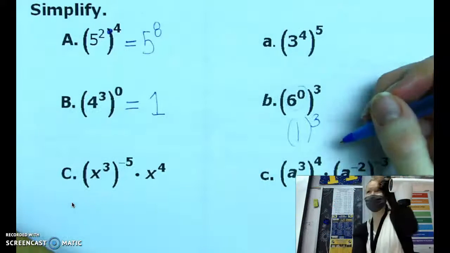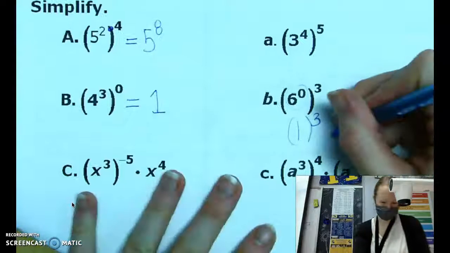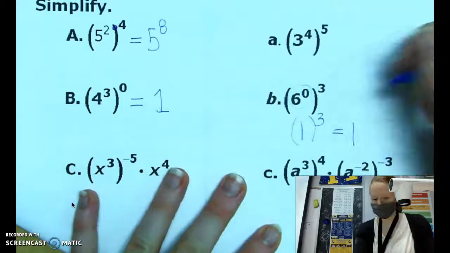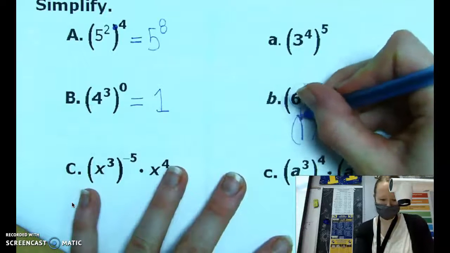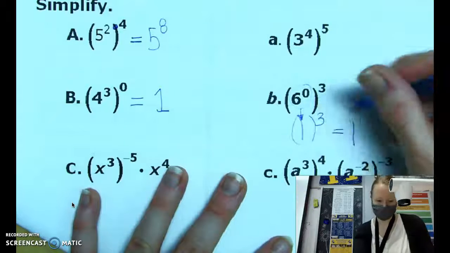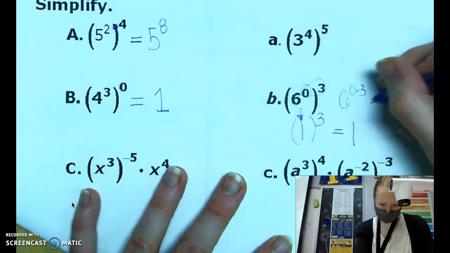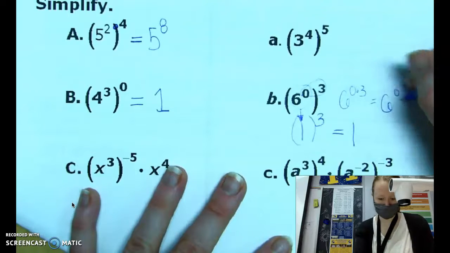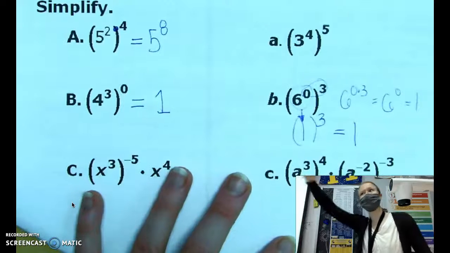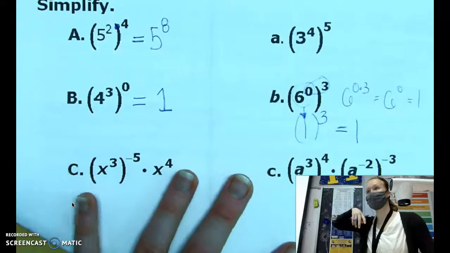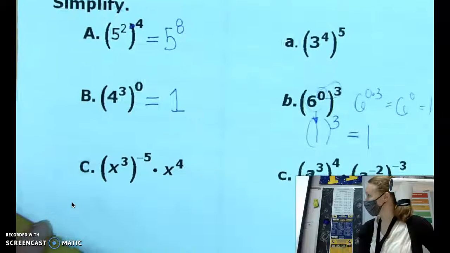Yeah, 1 times 1 times 1. Isn't that just 1? So there's a couple different ways you can solve this. You could solve the parentheses first and then apply the exponent. Or here, you could do what's 0 times 3? Well, 0, so 6 to the 0th power is also 1. Do you guys see how we could solve that 2 different ways using different properties?